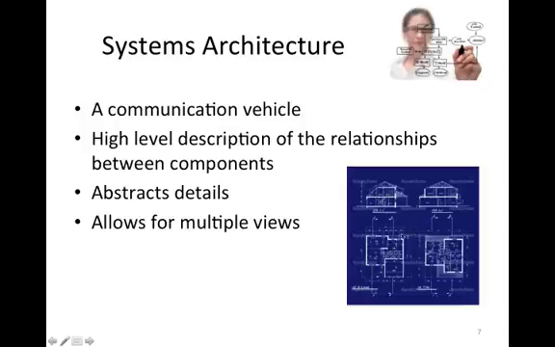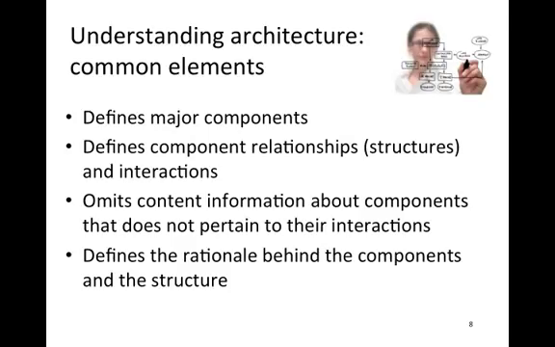So even in a house architecture like this, they will have a specific drawing just for the electrical. They'll have a specific drawing just for the plumbing, if it's a complex plumbing issue. So they'll have multiple views, and that's what we're really looking at. We're going to think about the different views of a systems architecture.